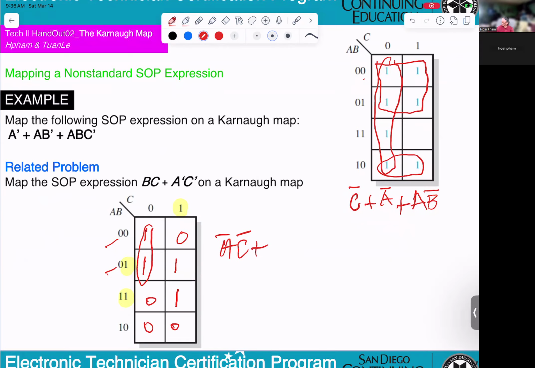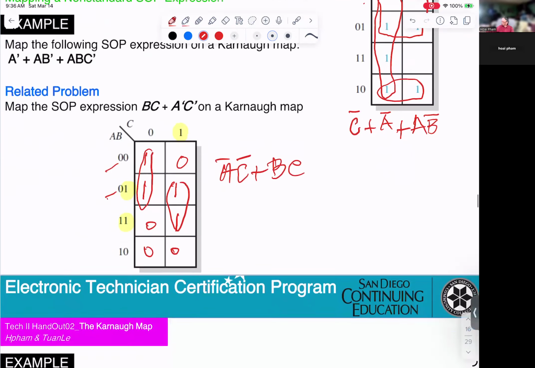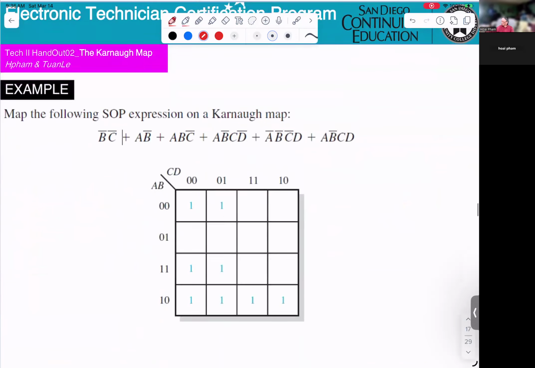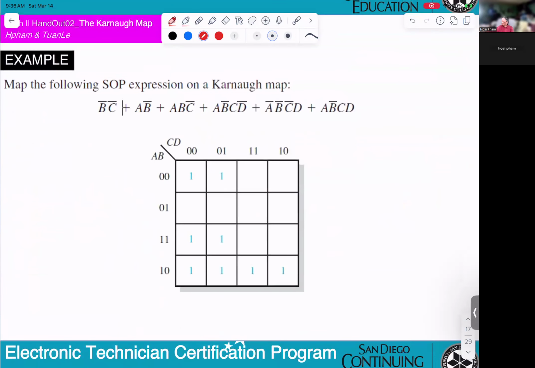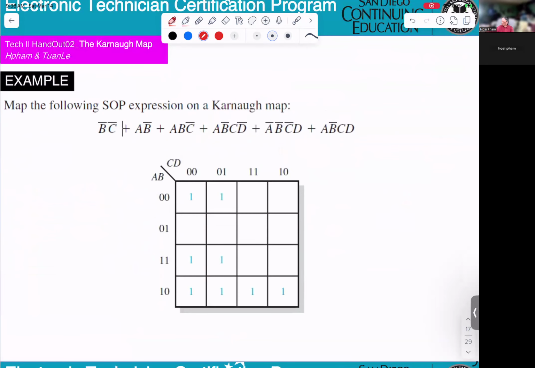R, B, C. Okay? This is for variable. Okay?